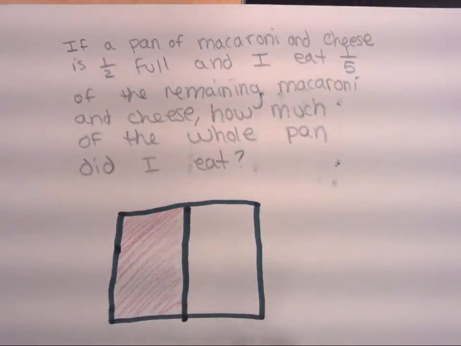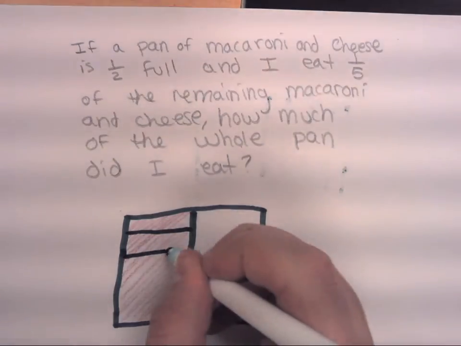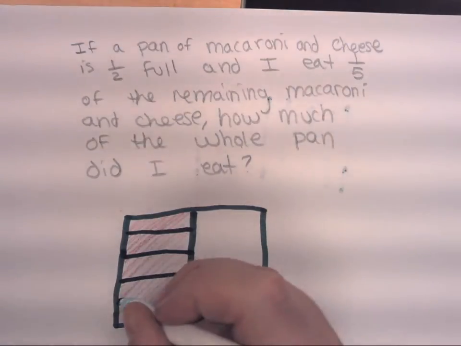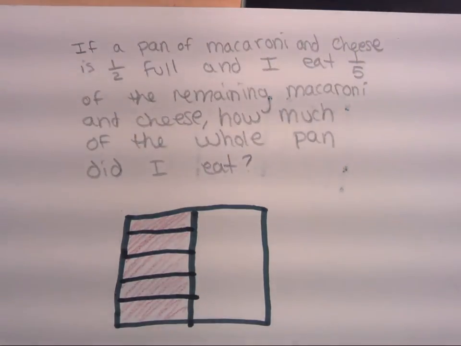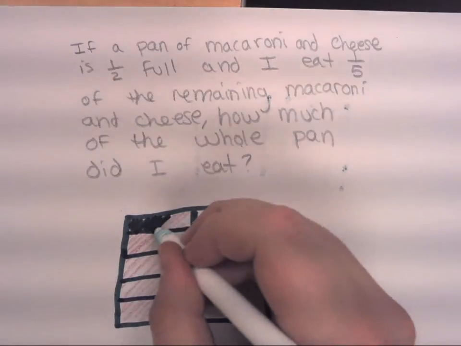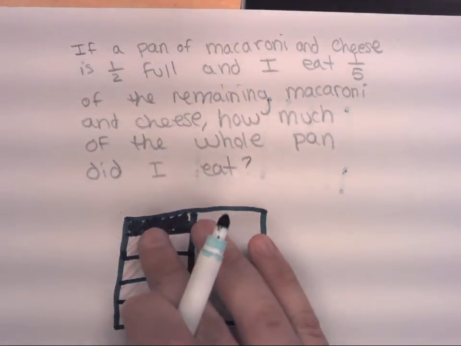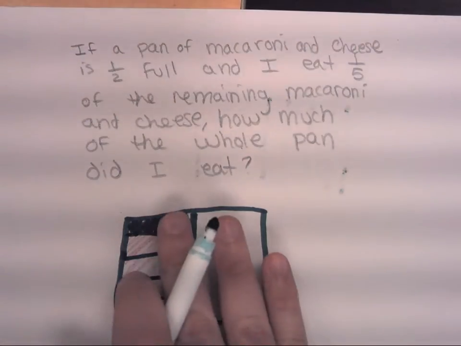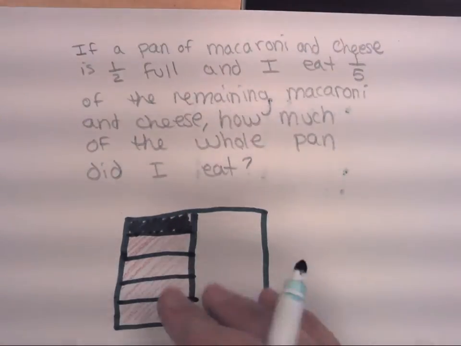But because we want to find 1/5 of that half, this 1/2 needed to be divided into 5 equal pieces. And so from this diagram, we can determine what size piece this is. What fraction is represented by this piece? What fraction of the whole?